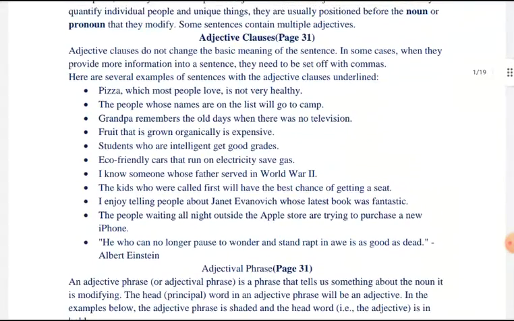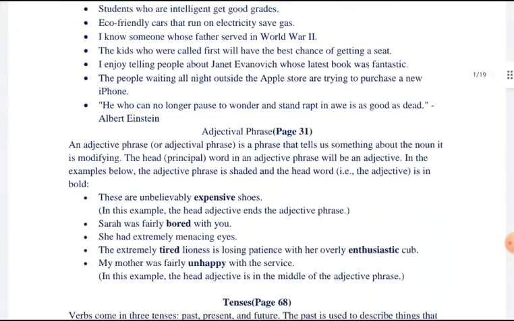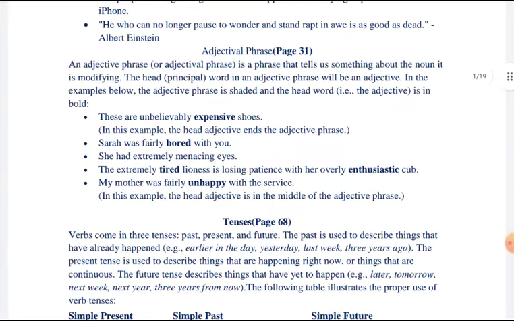Next comes adjective phrase. An adjective phrase or an adjectival phrase is a phrase that tells us something about the noun it modifies. The head, that is the principal word, in an adjective phrase will be an adjective.